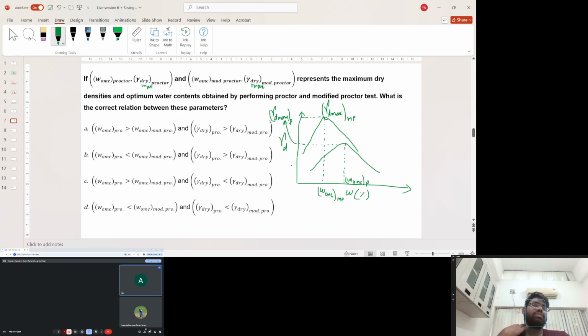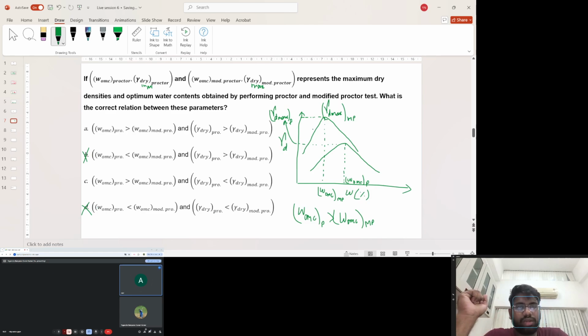Now, if we consider this magnitude, WOMC of Proctor is greater than WOMC of modified Proctor. So this option is not right, and this option is not right.